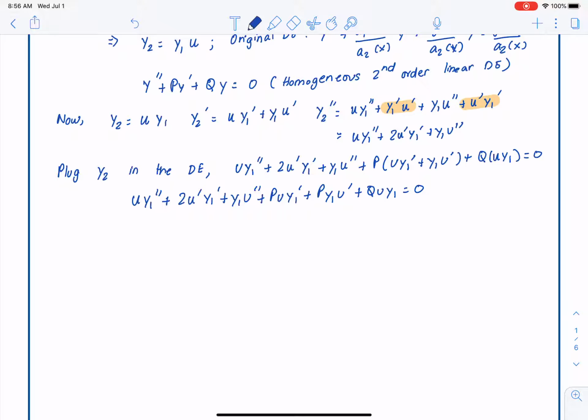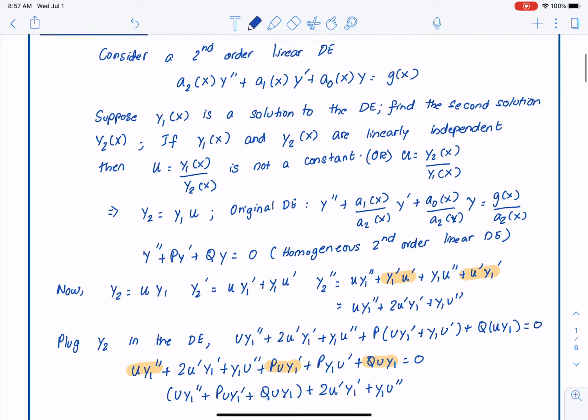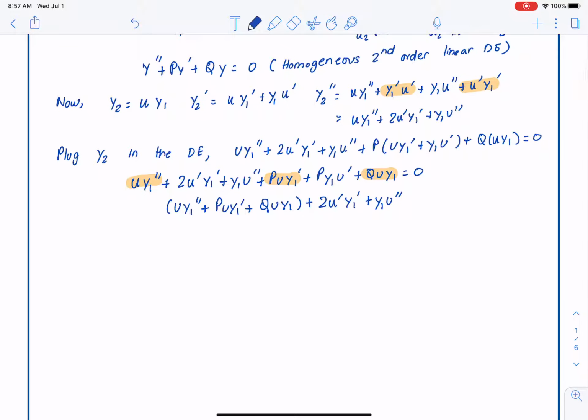I am going to combine those terms together. So I would have u y1 double prime plus p u y1 prime plus q u y1 plus 2u prime y1 prime plus y1 u double prime plus p y1 u prime equals 0.